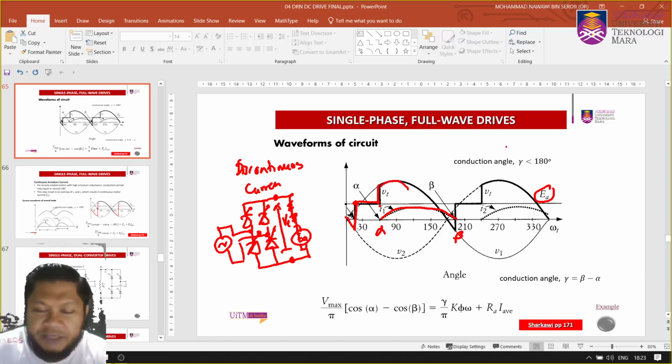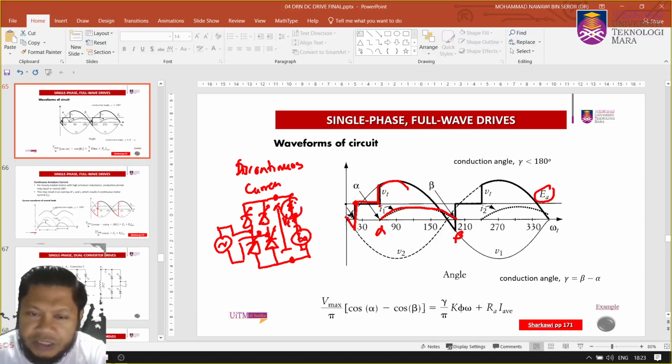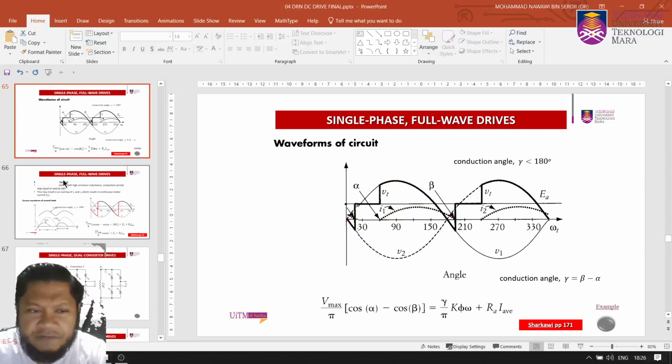So what happens if you have a continuous current operation? Which means your L here is very large, especially for heavy load operations.